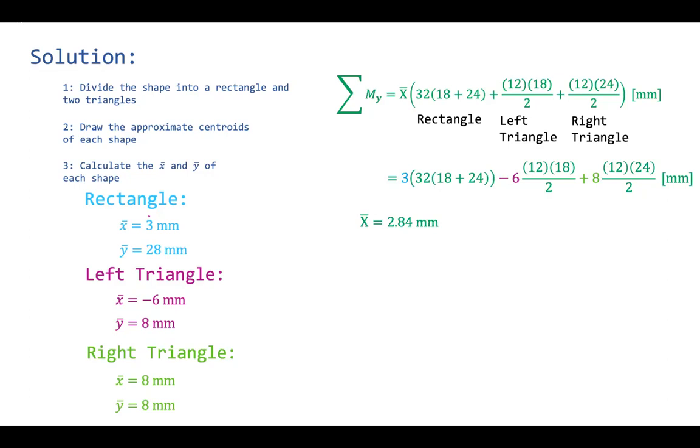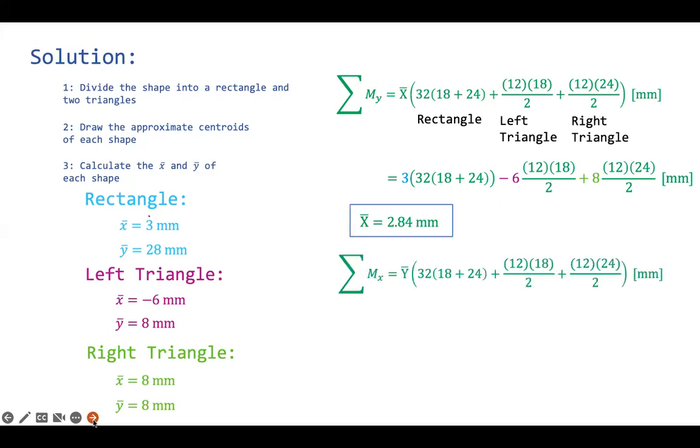Dividing both sides by this big equation over here, we get that the value of the centroid for the x coordinate is 2.84 millimeters. So that is our answer, and we can box it.